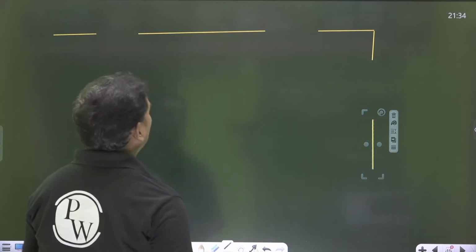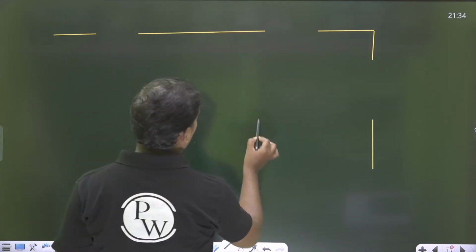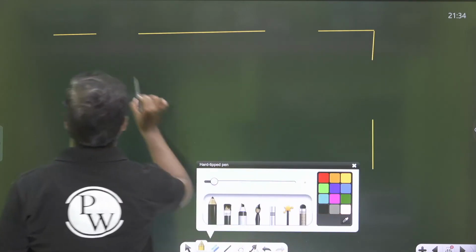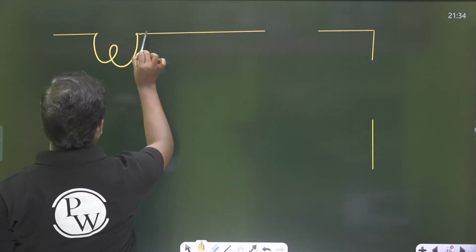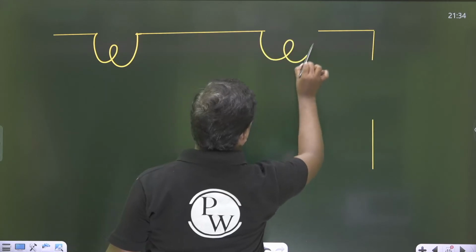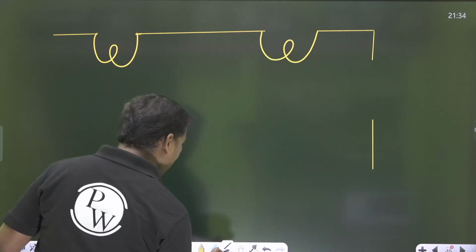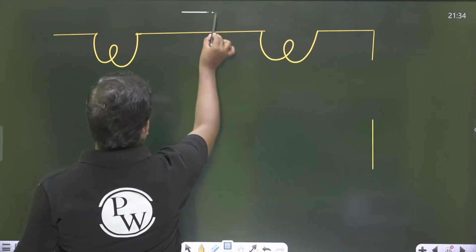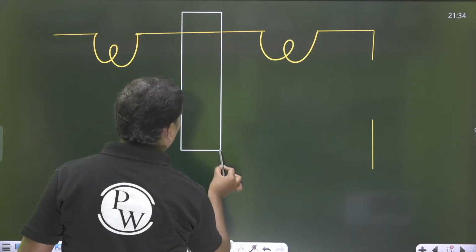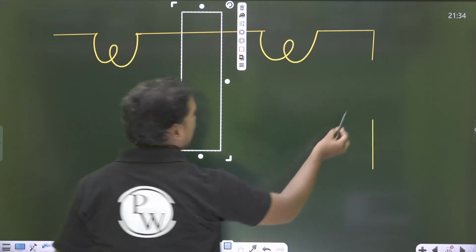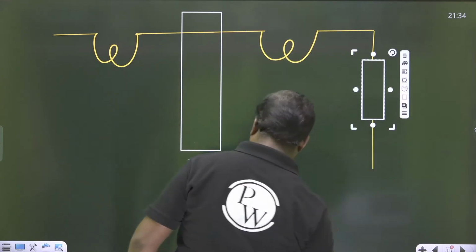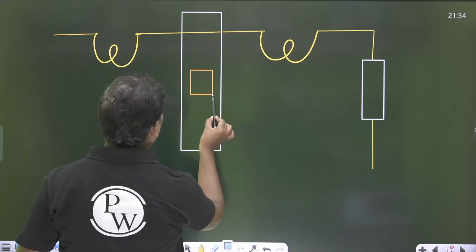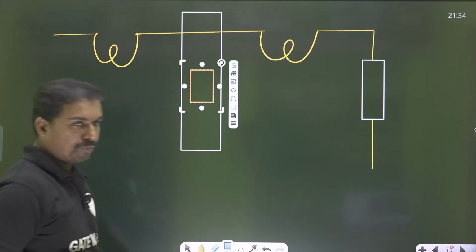And here comes our potential coil. So this is another current coil, and here I am taking the spindle. On the spindle I am taking the moving coil like this coil.